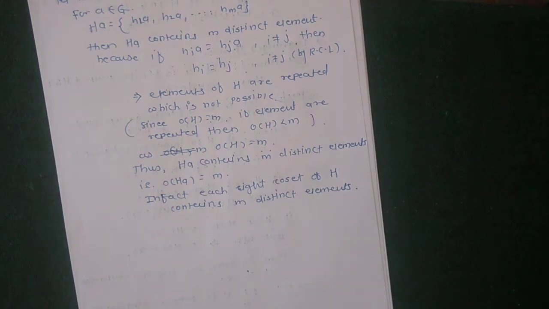Suppose that H has k distinct right cosets. Whatever the number of right cosets may be, every right coset of H contains exactly m elements.